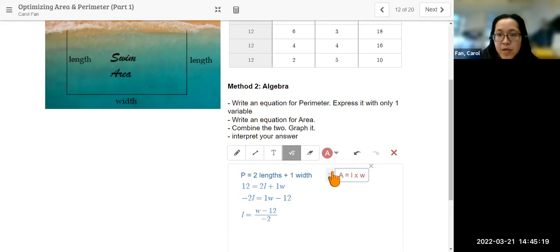Okay, so substituting it into this equation now. Area is equal to W minus 12, divided by negative 2, times W.